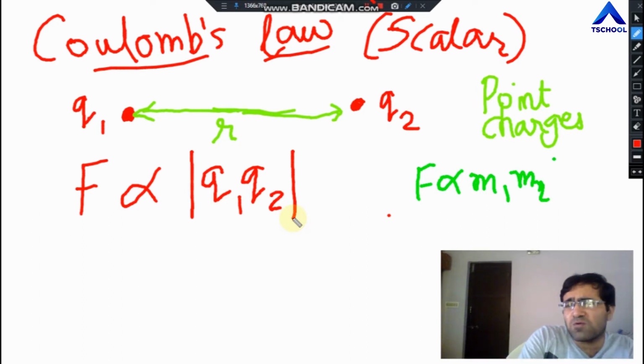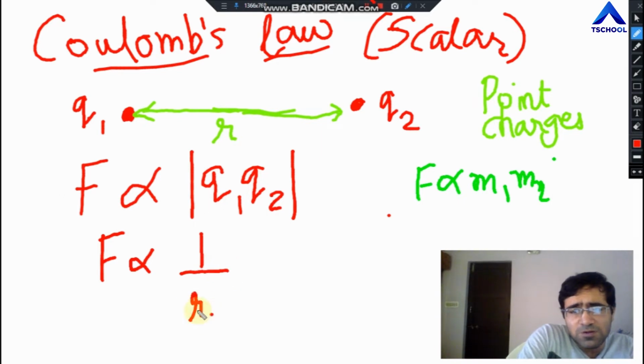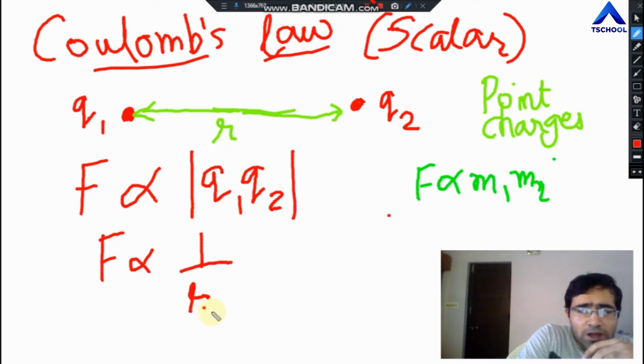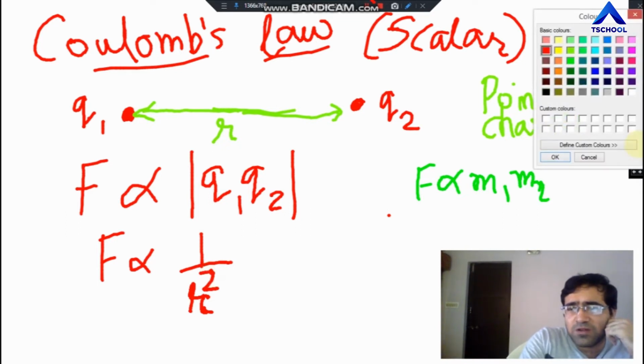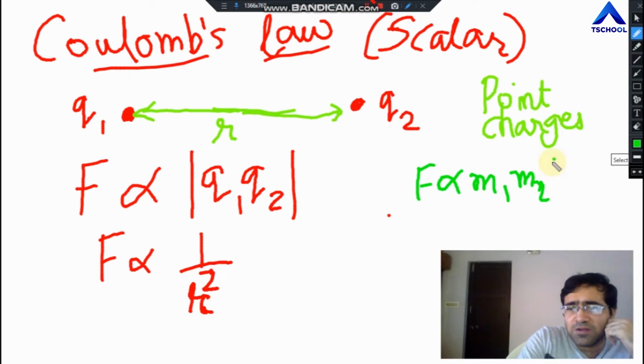And then the next part, about the distance. I'm sure you remember that even gravitational force depends on distance. Well, just like that, the electrostatic force or Coulombian force between two point charges is directly proportional to 1 upon r square. So the Newton's law of gravitation and Coulomb's law are identical in that aspect, that here too you have F proportional to 1 by r square.